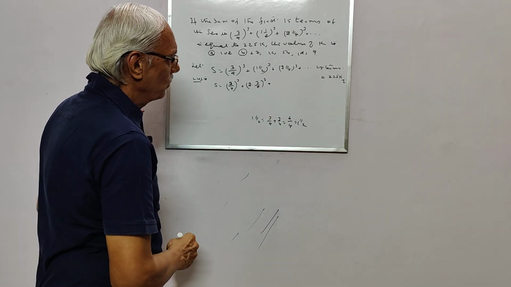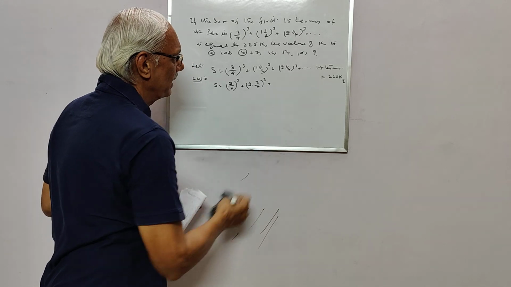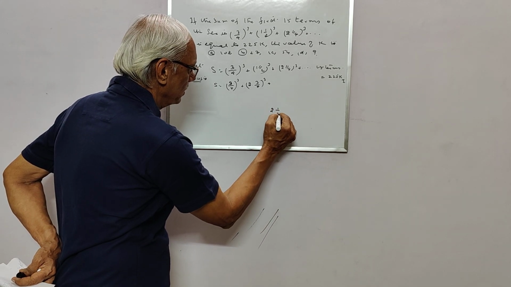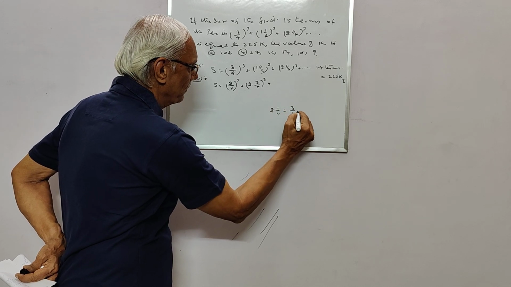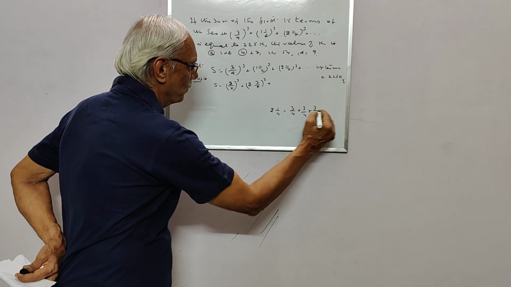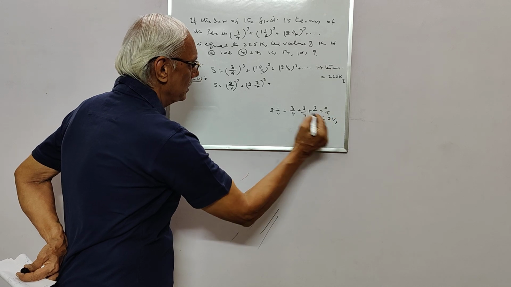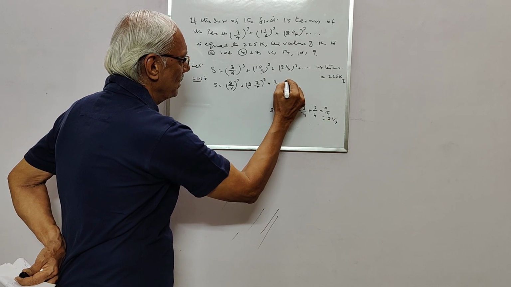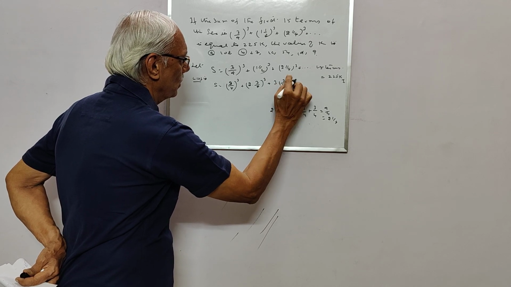Plus. Now what is the next number that you get? The next one is nothing but 2 and 1/4, that can be written as 3/4 plus 3/4 plus 3/4, which is 9/4. So this can be written as 3 times 3/4, whole cubed.